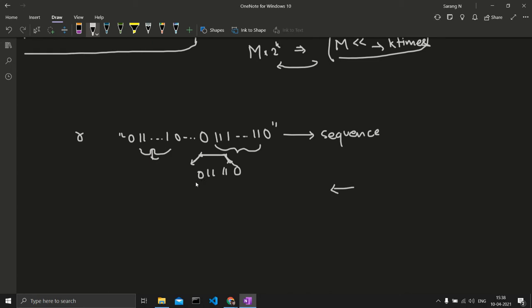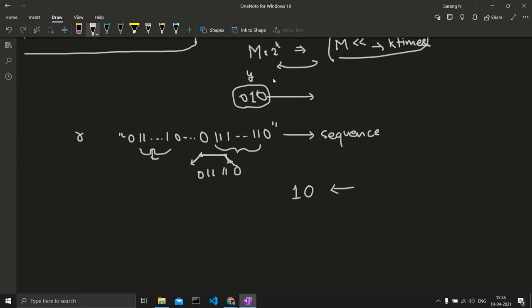Instead of finding the slope, we can just see that if we are at a zero and we encounter a one next to it, this should definitely mean that it is the start of a new set of ones. Even if there is a single one, we can treat it like a chunk of ones.